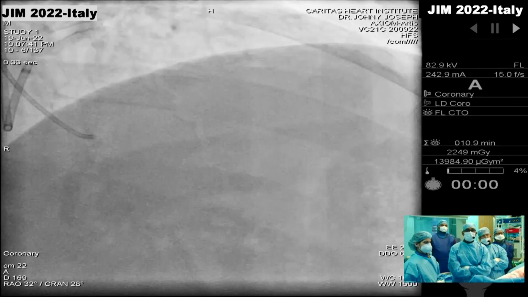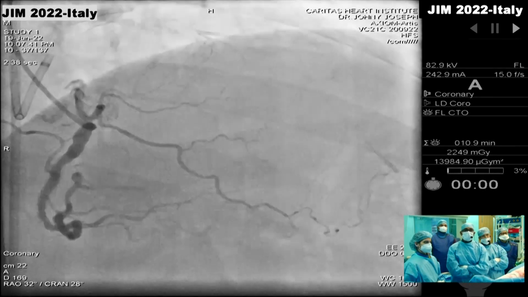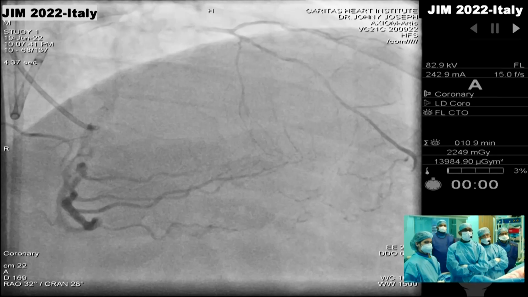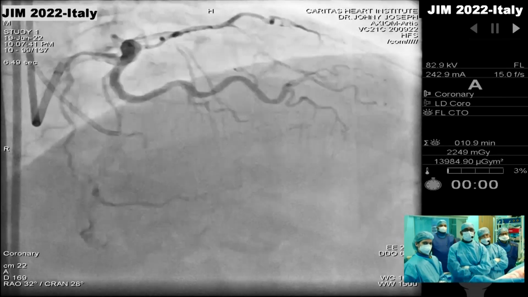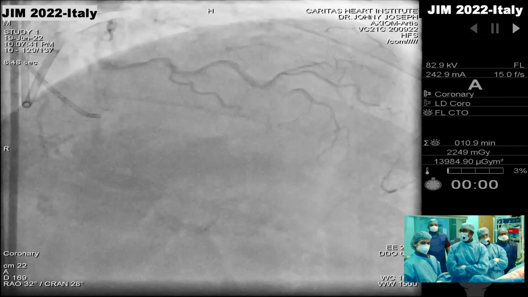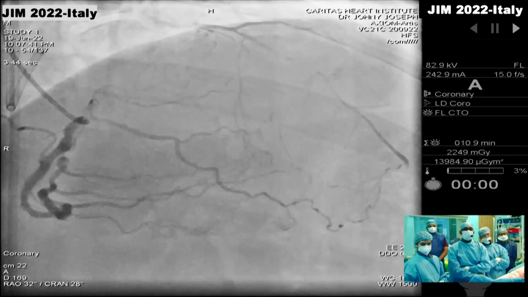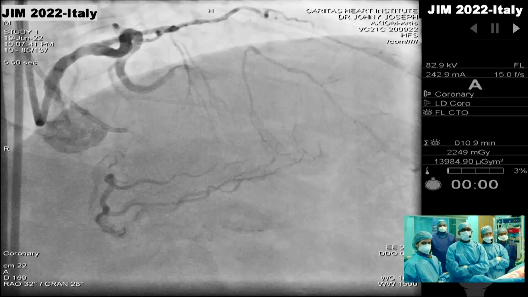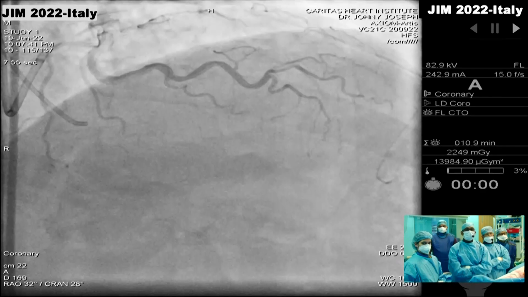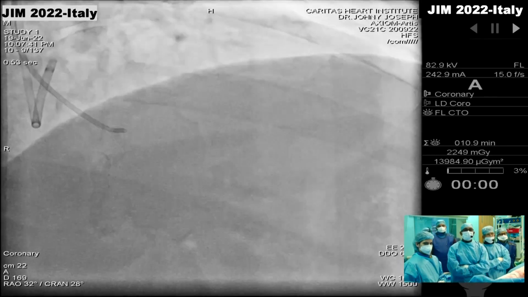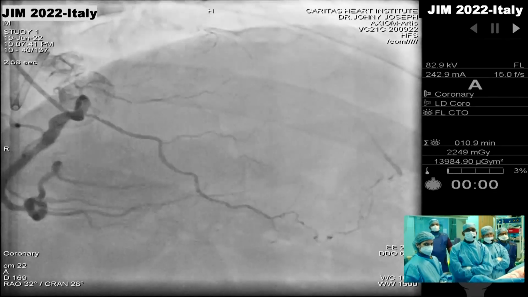On the other hand, talking about precision PCI, I would probably say that an assessment of the circumflex lesion would at some point be in order as well, because it seems to be intermediate, about 50%, but it's a very large vessel, so it may end up being somewhat ischemic, although clearly not a major target of this case.